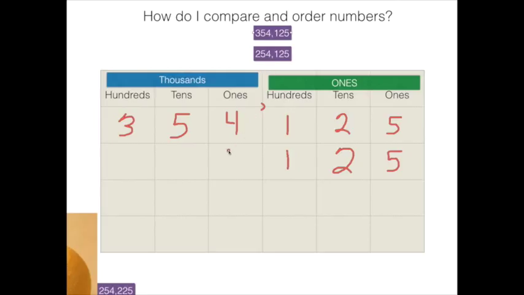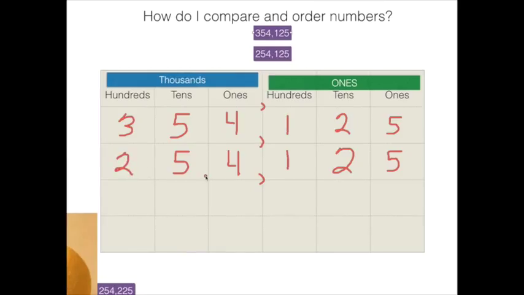He has 4 1,000s, or he has 4,000. 5 10,000s, or he has 50,000. Now this last one's in the 100,000s position. So it's a 2, put them right here, and it's 200,000.